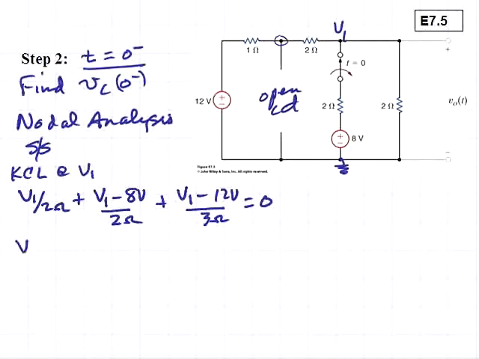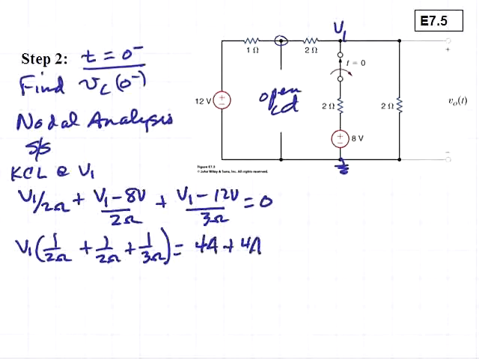So we have V1 times 1 over 2 ohms plus 1 over 2 ohms plus 1 over 3 ohms is equal to 4 amps plus 4 amps, or 8 over 6 ohms. V1 is equal to 8 amps, and this gives us that V1 is equal to 6 volts.